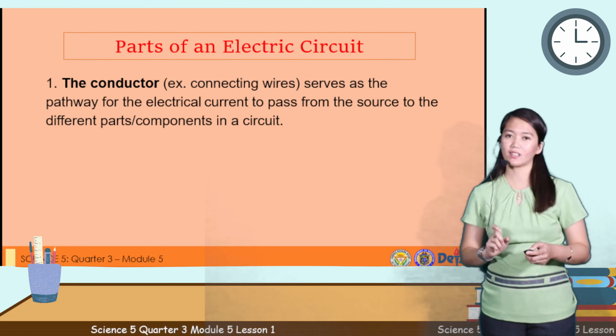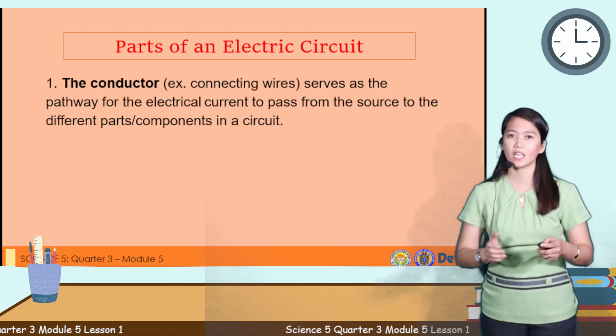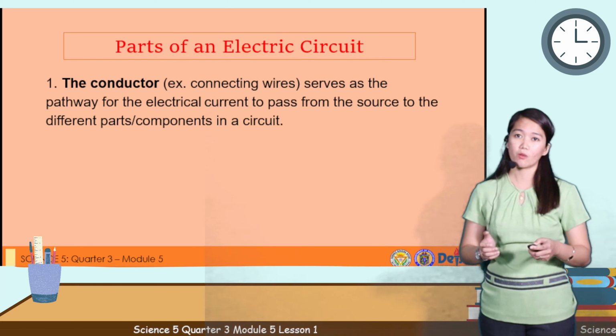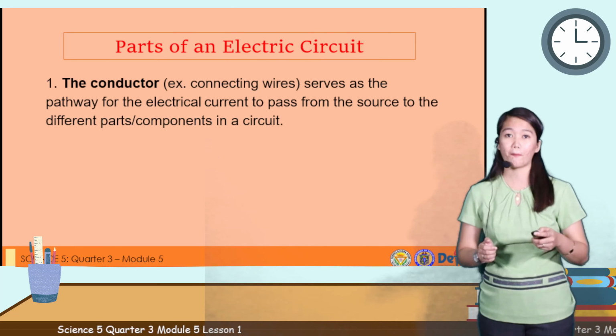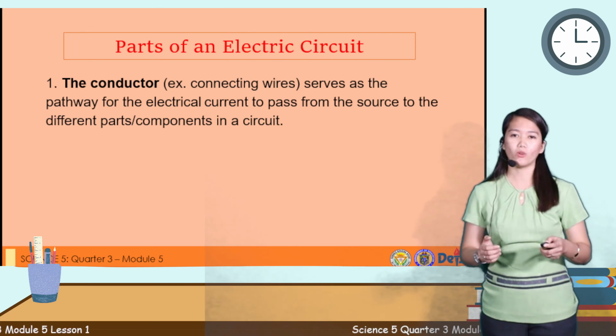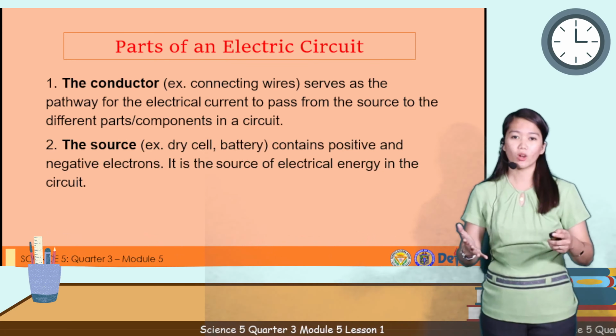Let us discuss the conductor. For example, we have connecting wires, which serve as the pathway for the electrical current to pass from the source to the different parts or components in a circuit. Second, the source.